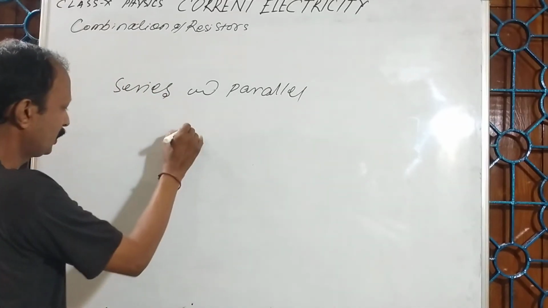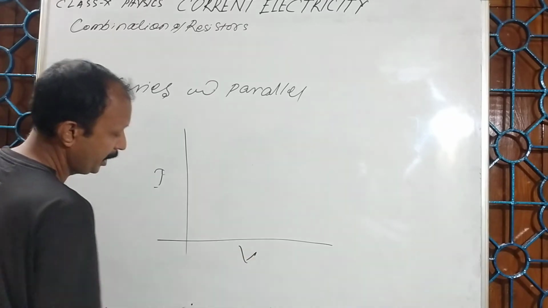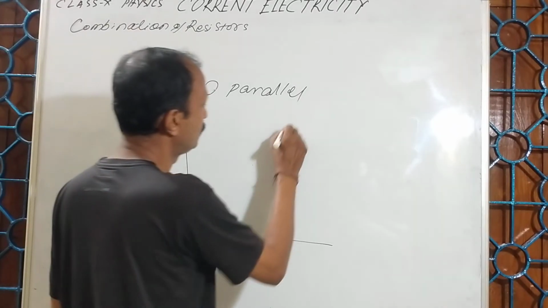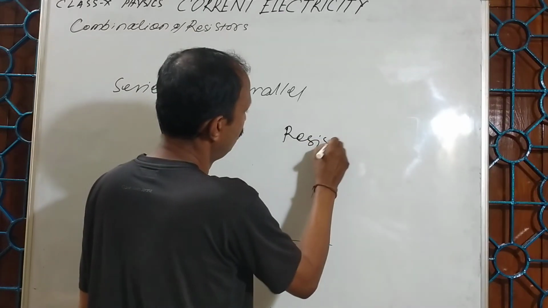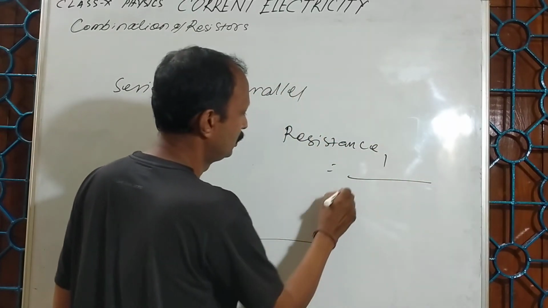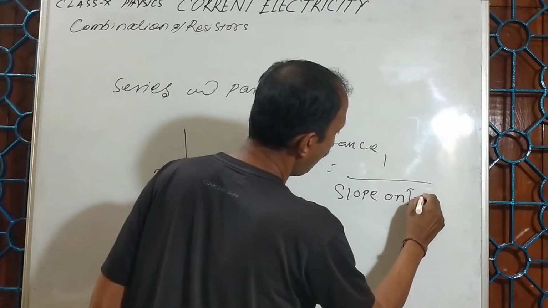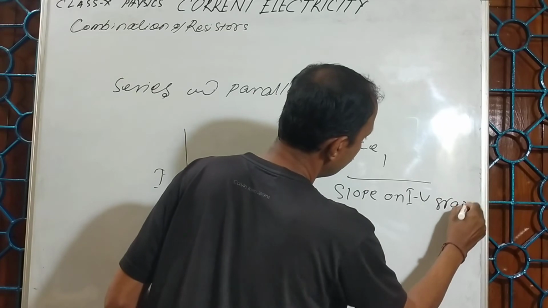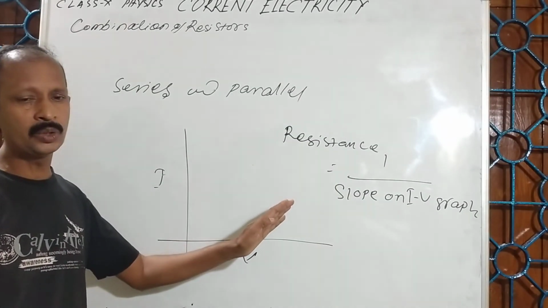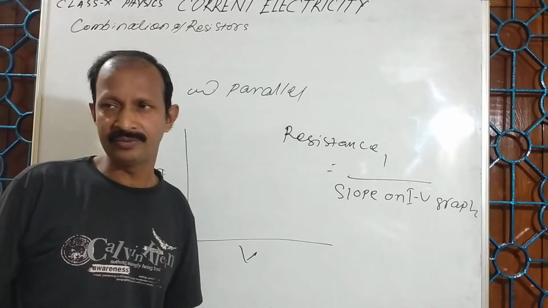So if I draw a graph, an IV graph, you will find that resistance is equal to the ratio of the slope on the IV graph.